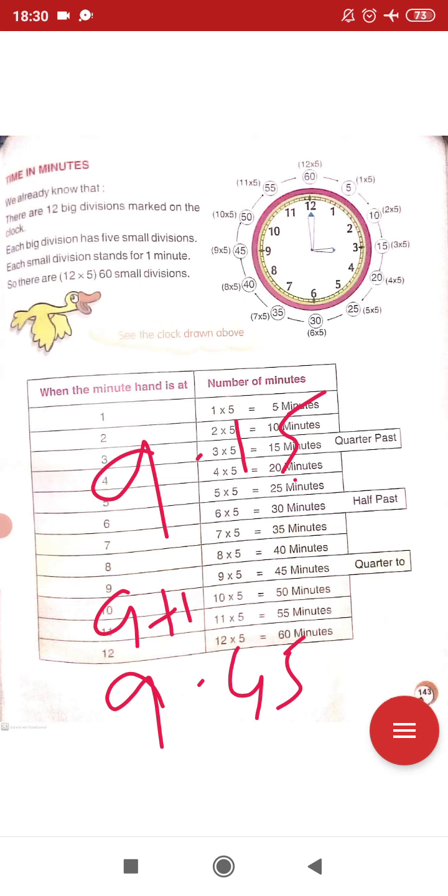So just follow the pages, these 2 pages. Okay, next we will solve exercise 10a. So this is a very important topic. You need to understand how to read time in hours and time in minutes.